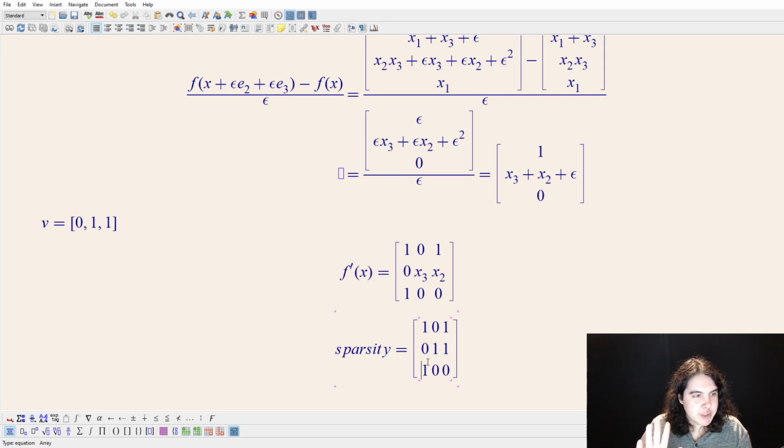So you can probably start to see the algorithm now, right? The algorithm is that you can put together perturbations. You can calculate sparse matrices, multiple columns at the same time. You can merge two columns to happen at the same time if you do not have a non-zero in the same row of any of the two vectors, right?